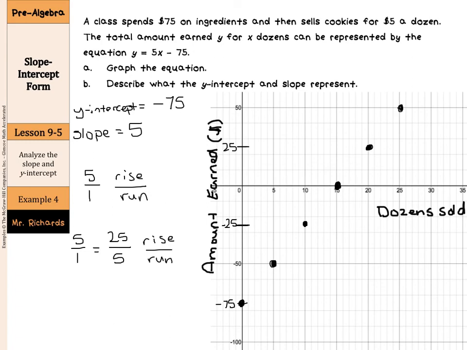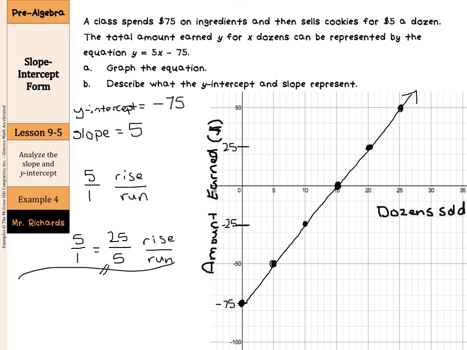And so now we have a pretty good idea of where our graph is going to go. So we can connect our points here, drawing the arrow here.